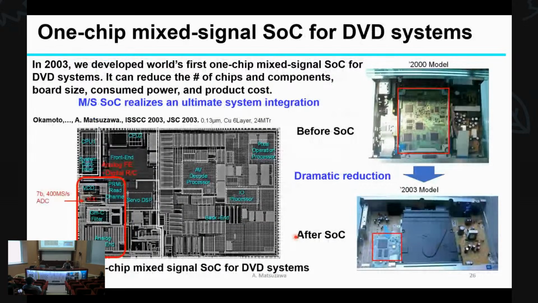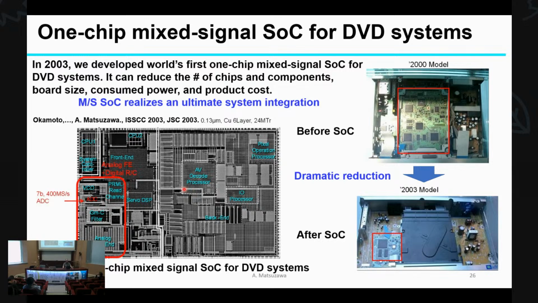So we can realize a very high speed, low power ADC, and we can embed it into the SoC for the DVD. All the DVD system can be integrated on one single SoC.